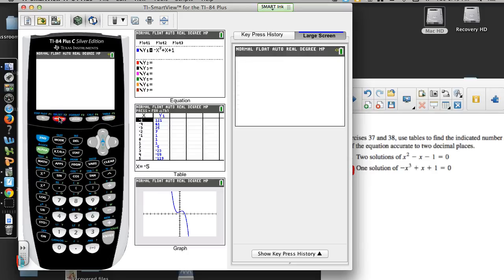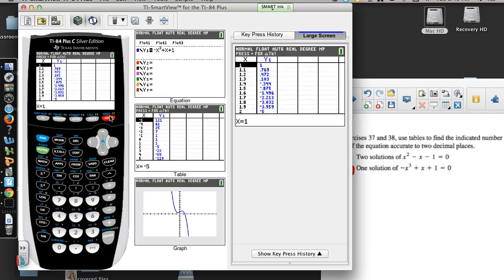Then we could go into second table startup and start it at 1 because we know it's between 1 and 2, but go by hundredths. Actually, you might want to go just by tenths first to get a good read for where it's at. Second table, it did appear to be closer to the 1 than the 2.